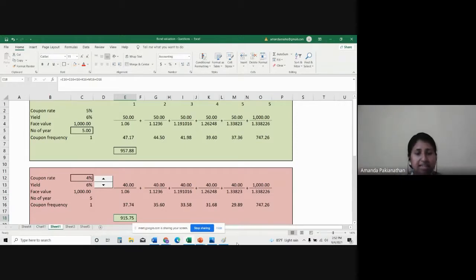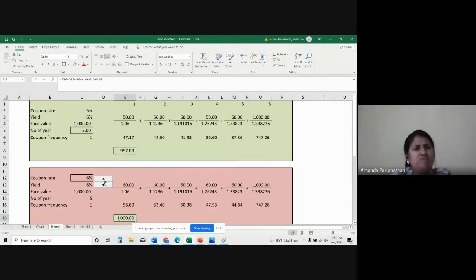For you to encourage the investors to buy this bond, you may have to reduce the issue price. Why? Because your coupon rate is insufficient. Let's say you are paying a coupon rate of 6%. Market is expecting 6%.